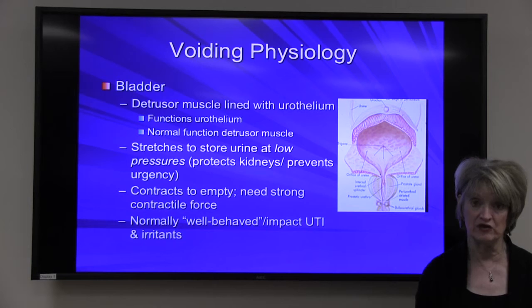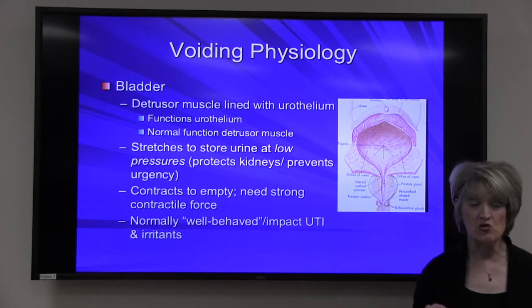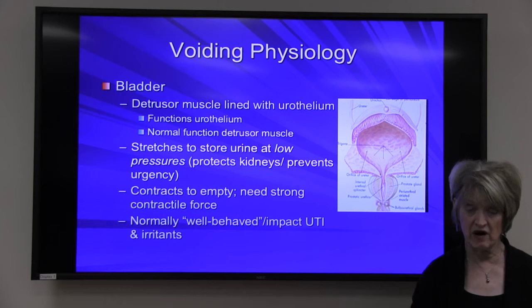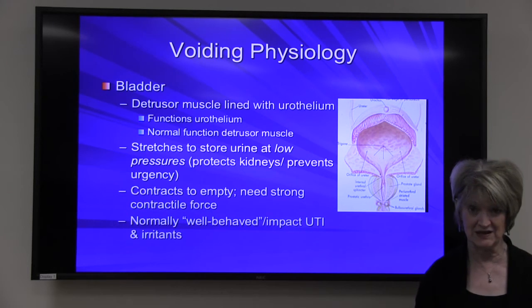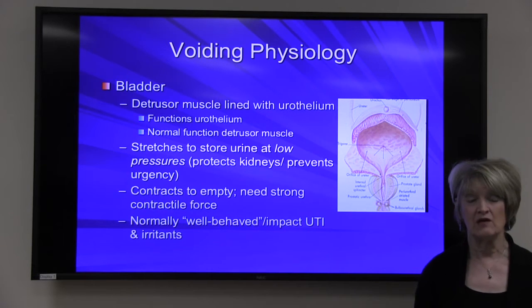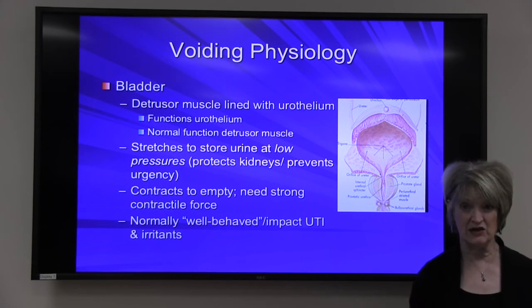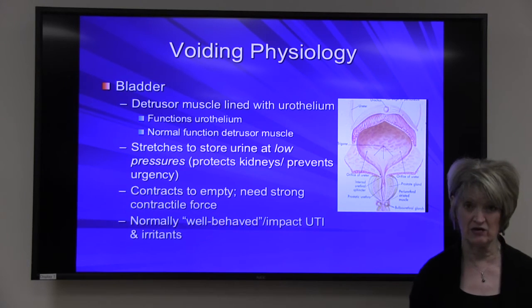First of all, you need your bladder to stretch and store. You want a bladder that stretches easily because you want to be able to hold significant volumes of urine, at least 350 to 500 cc's, without sustaining a significant increase in filling pressure. Let me explain why. Remember, the kidneys are constantly making urine, and they're propelling urine down the ureters into the bladder.